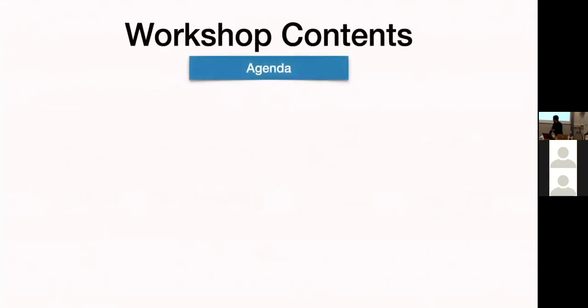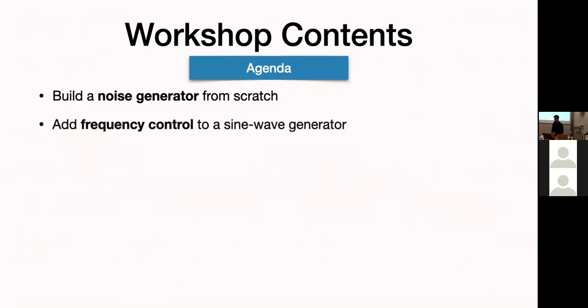Great. So for the rest of this workshop, we will first build a noise generator from scratch. So I hope that all of you manage to download the Projucer and make a plugin from scratch and build it. We will append that code to build a noise generator, first of all. Then after that, I will give you a link where you can download a project. And then we can add some frequency control to a sine wave generator. So you will be making a slider, making it control the frequency in real time.